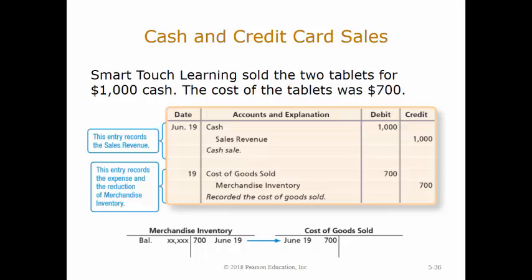The cost of goods sold account keeps a current balance throughout the period in a perpetual inventory system of the cost of merchandise inventory sold. In this example, cost of goods sold is $700, the cost to Smart Touch Learning, rather than $1,000, the sales or retail price of the goods. Cost of goods sold is always based on the company's cost, not the retail price.